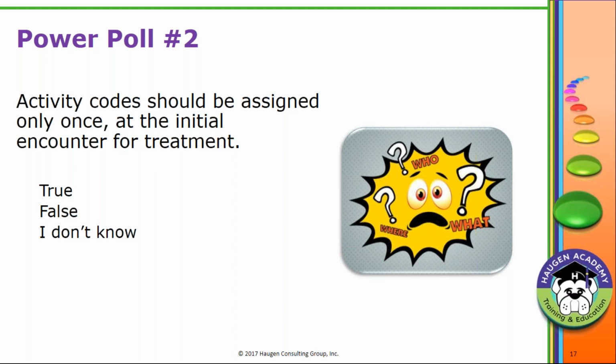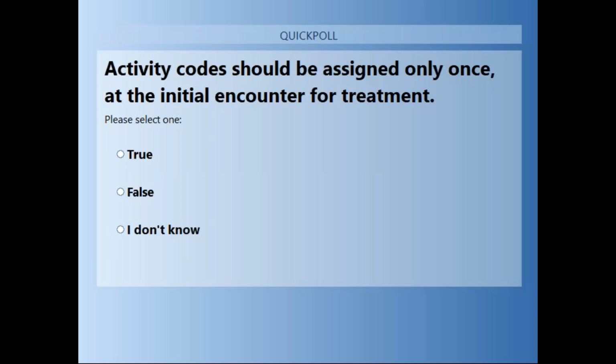Kathy? Okay. On your screen, here's the question. Activity codes should be assigned only once at the initial encounter for treatment. Do you think that's true, false, or you don't know? So what do you think? Christy was just talking about activity codes. Activity codes should be assigned only once at the initial encounter for treatment.